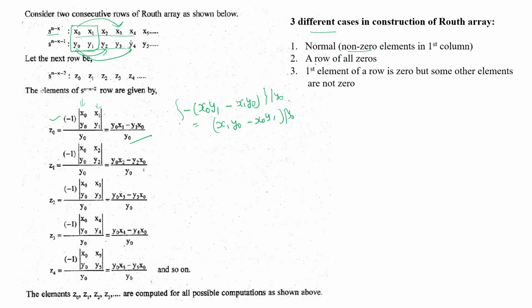Second, all elements of a particular row are zero, like the third or fourth row; then we will see how to find the elements of that row with the help of the previous row. Third, the first element of a row is zero but some other elements are non-zero. By these conditions the Routh array is calculated, and finally we decide whether the system is stable or unstable.